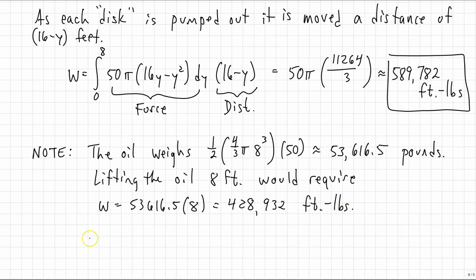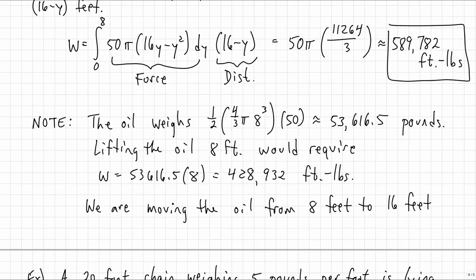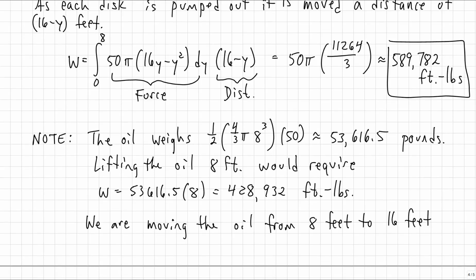However, we are moving the oil from 8 feet to 16 feet. So not from the bottom, only 8 feet up, but from 8 feet up all the way out to the top.